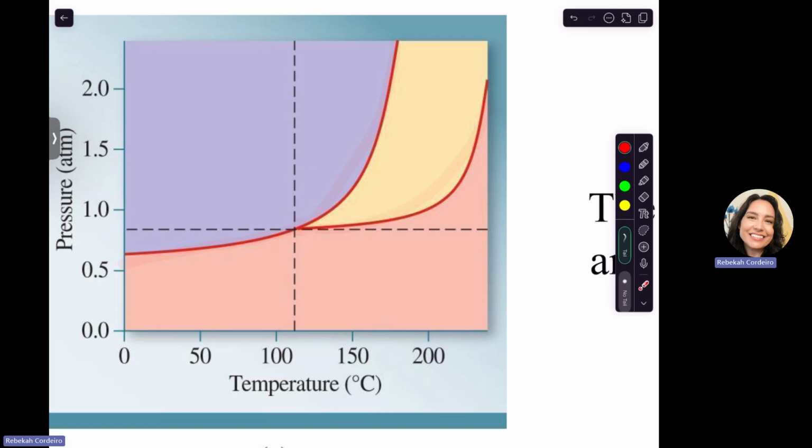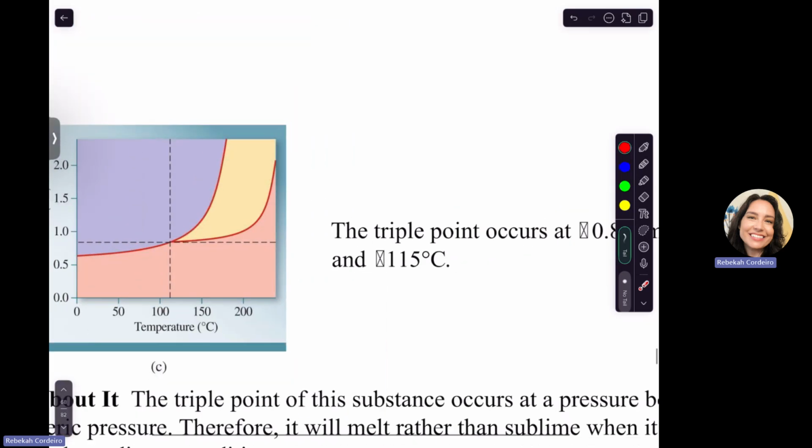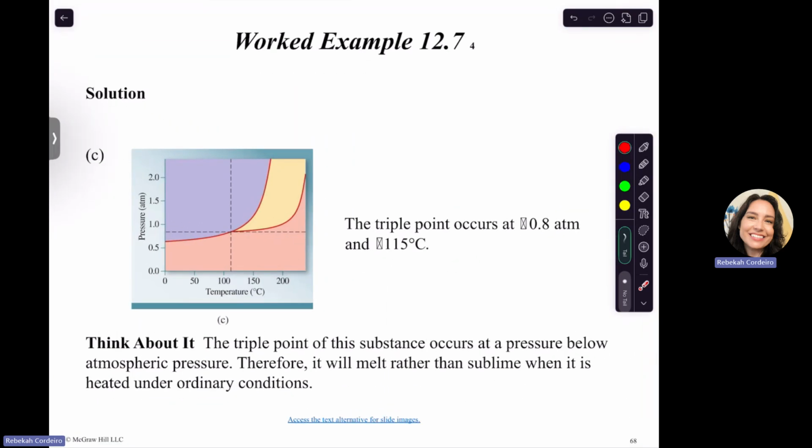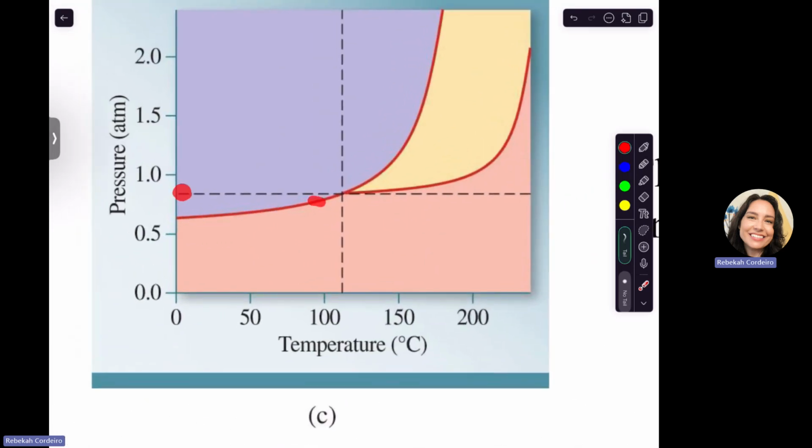We have a triple point at maybe like 0.8 atm and like 105, 110. They said 115 here. Again, on a test, if we asked you a question like this, we would have a range of values that made sense. Just don't tell me that this pressure here would be 1.5 or something. It has to be reasonably in between those two values that you're given points for.